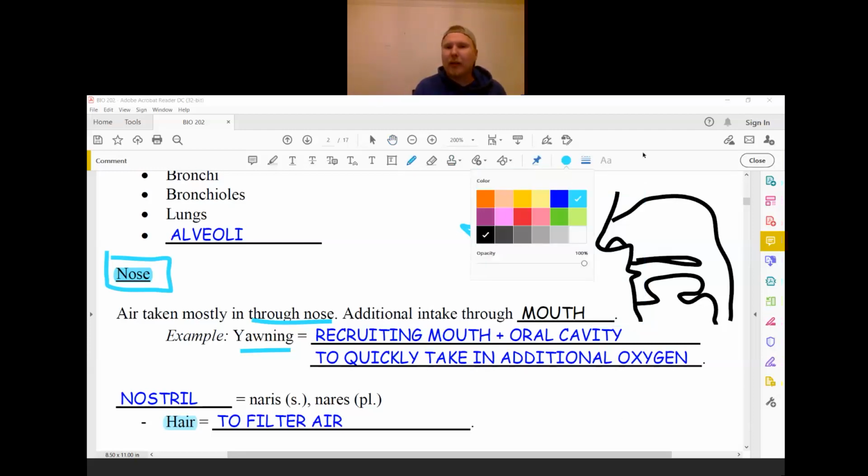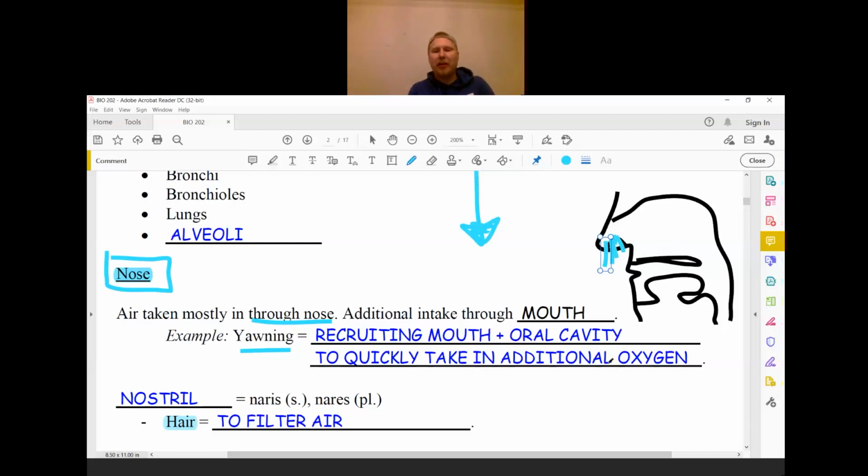Their function, like we already concluded, is to filter air. So that's a coarse filtering. Any large particles get removed there. We make sure that the biggest particles are already kept out of the body at that stage.